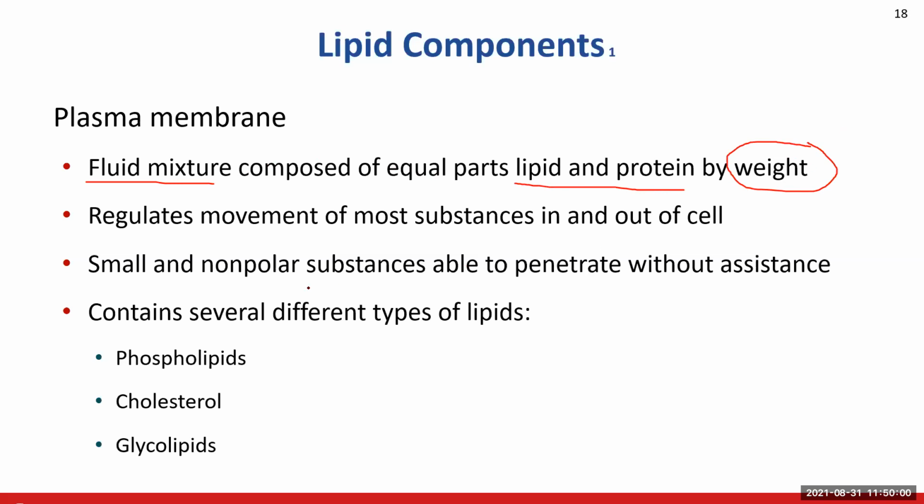All right, an important fact, and you need to know this. Remember what I said, the plasma membrane allows certain substances to move in and out of the cell. Well, some things don't have to wait for the plasma membrane to let them in or out. They have to have these qualities.